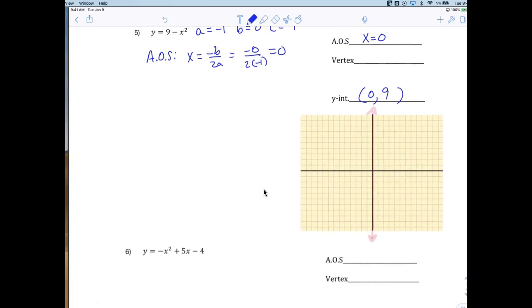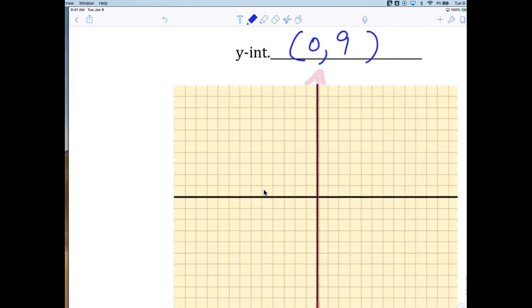Now, if x equals 0, I plug 0 in. Y is equal to 9 minus 0 squared, which is equal to what? 9. So your vertex is 0, 9, which is kind of a pain because it's the same as the what? Yes, thank you. It's the same as the y-intercept.